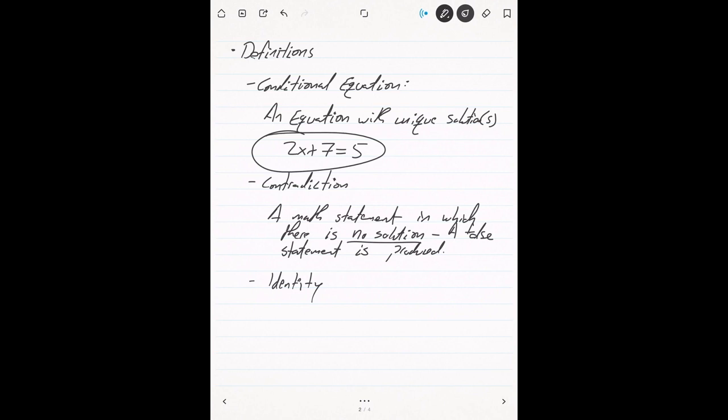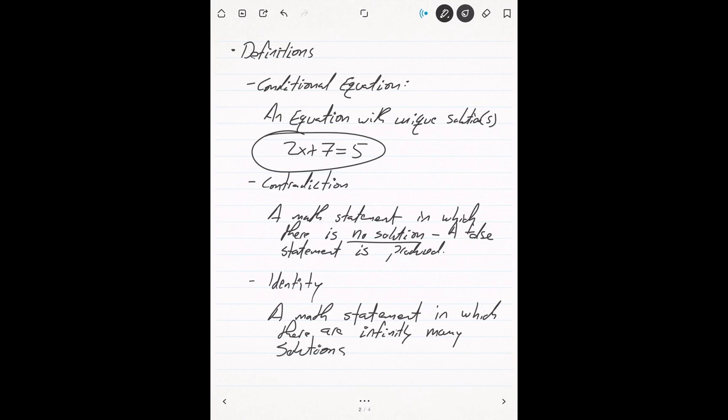Let's go ahead and identify what the identity means. In opposite of a contradiction, an identity is a mathematical statement, or a sentence, sometimes it's called, in which there are infinitely many solutions.